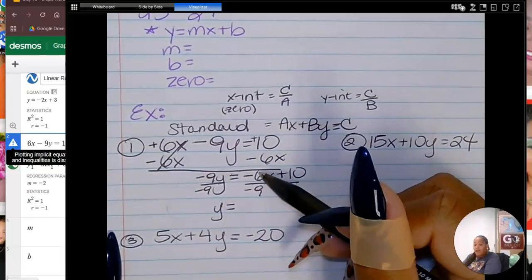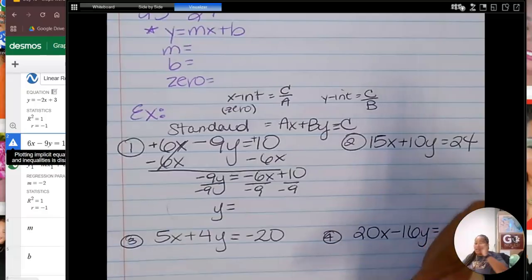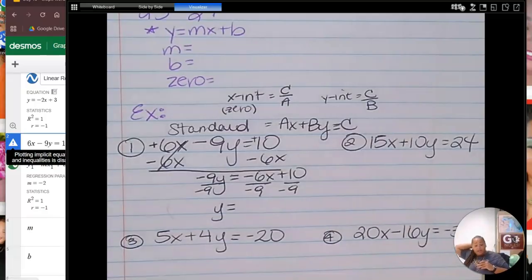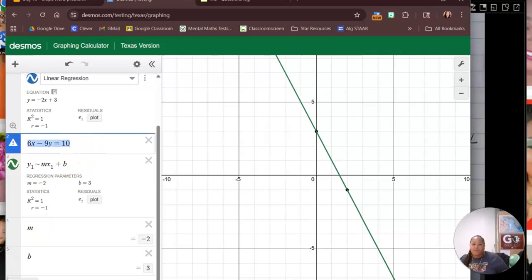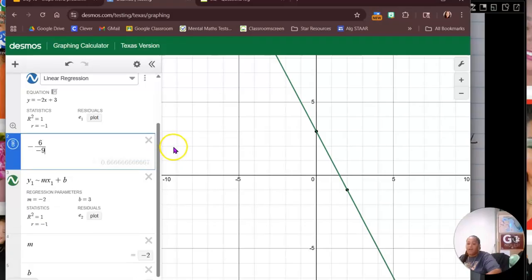When I get right here, I need to check my work in Desmos. This is not going to be negative 6 over negative 9x or negative 6 negative ninths x plus 10 negative ninths. I've got to simplify those fractions, and if I don't know how to do that, that's why I have the calculator. So come on over to Desmos. Negative 6 divided by negative 9.